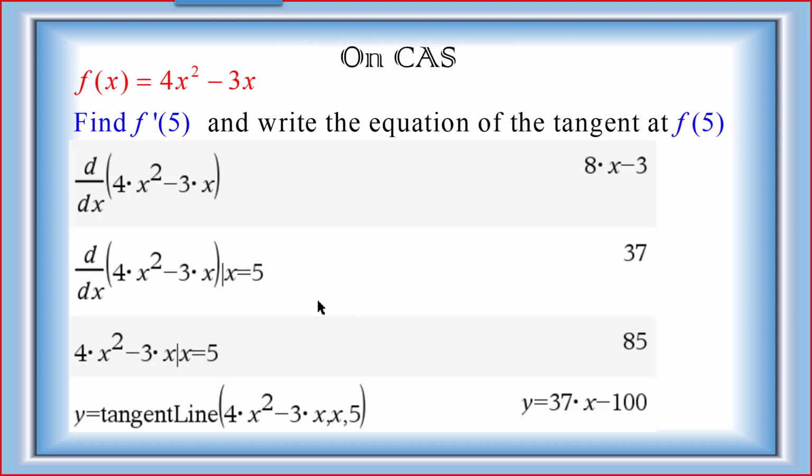Now if you have your CAS handy, I would like you to actually try this on your CAS. So now to get to the derivative template, if you can all add a calculator page, and then I'll just slow down over here. So if you add a calculator page, and then if you click menu, and you will see an option calculus.